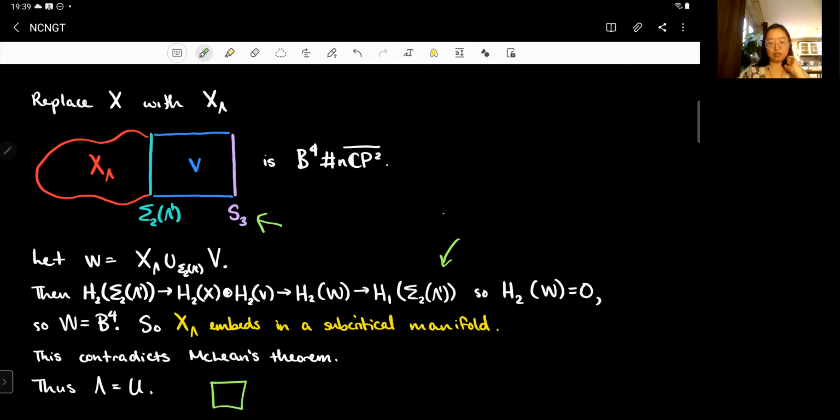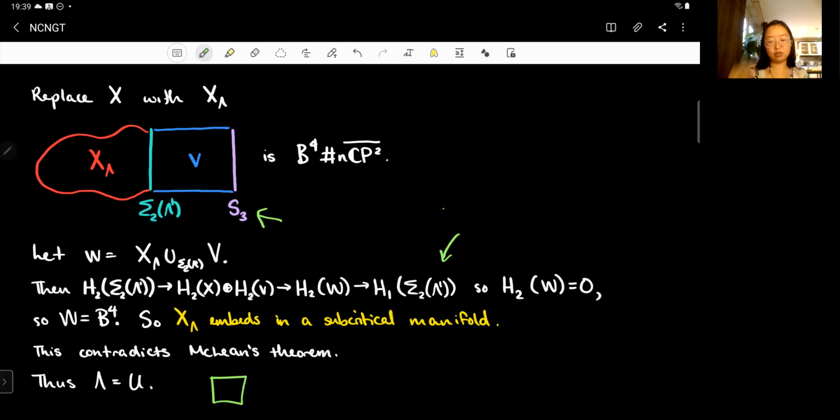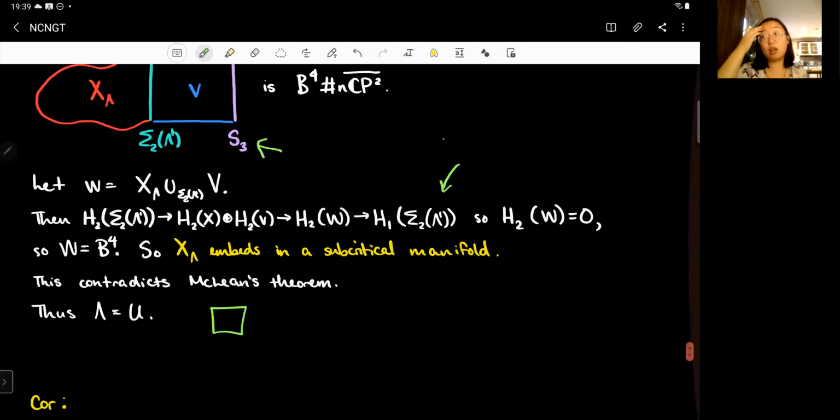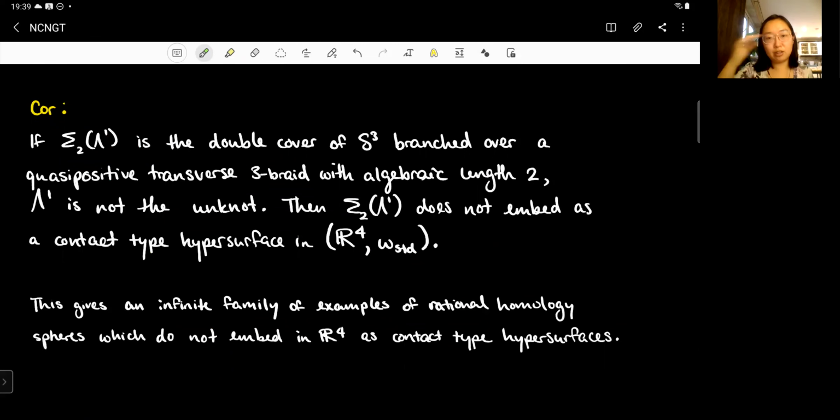And I just wanted to add one more thing. This is a corollary of the main theorem. For those who maybe are not so interested in Lagrangian concordance, you might still be interested in this for the following reason.